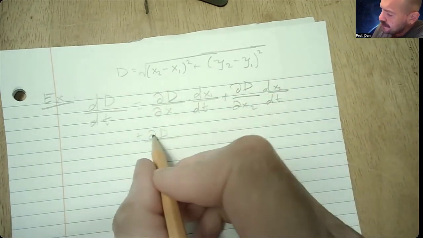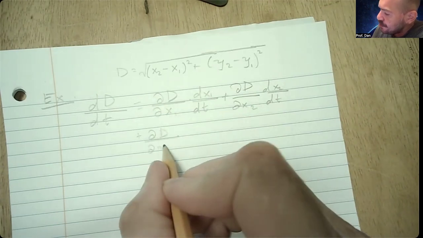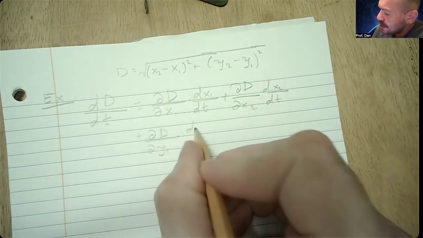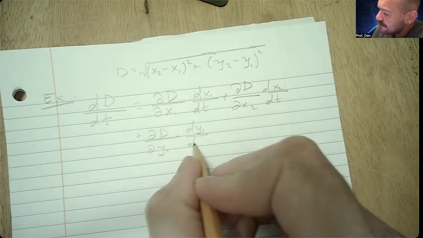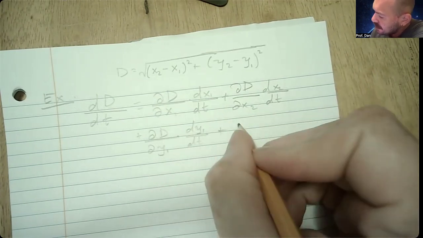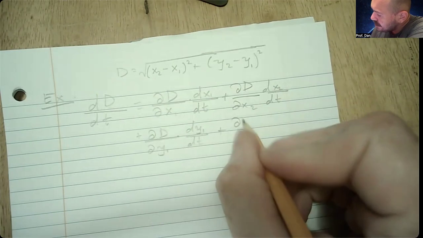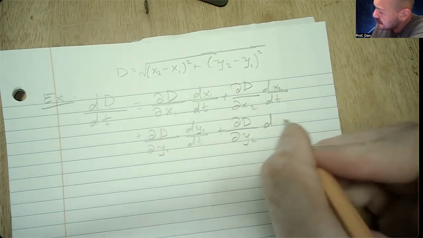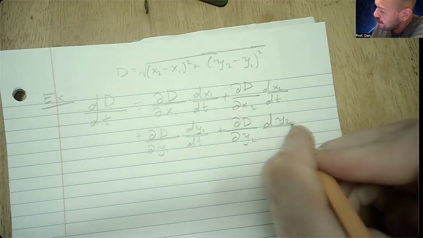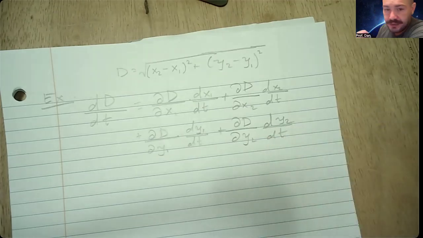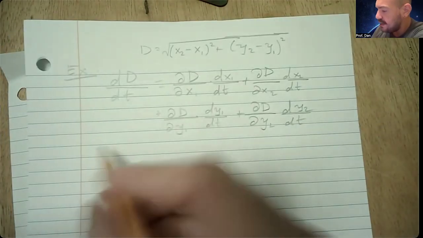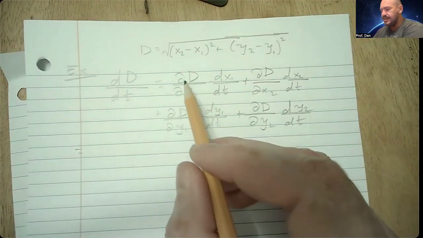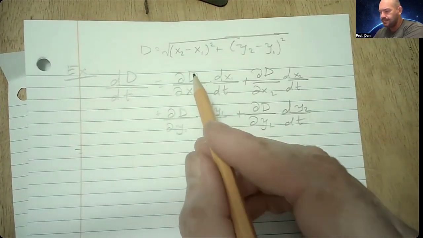So partial of the distance with respect to y1 times dy1/dt plus the partial of the distance with respect to y2 times dy2/dt.